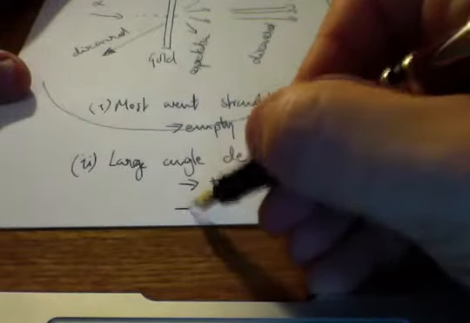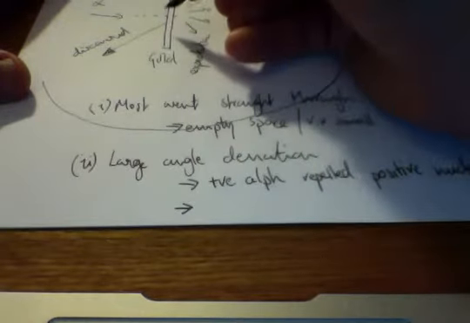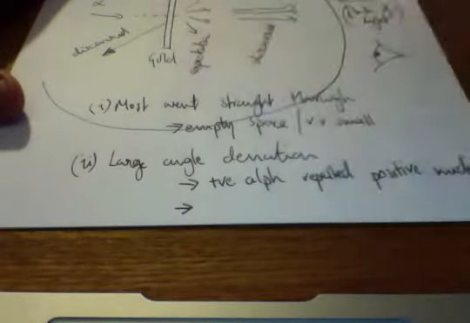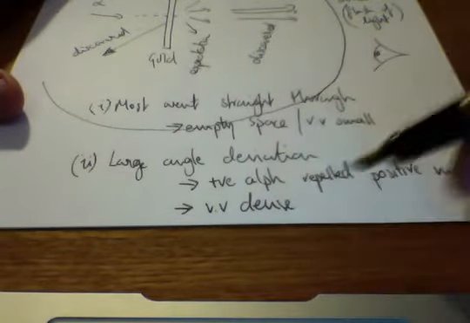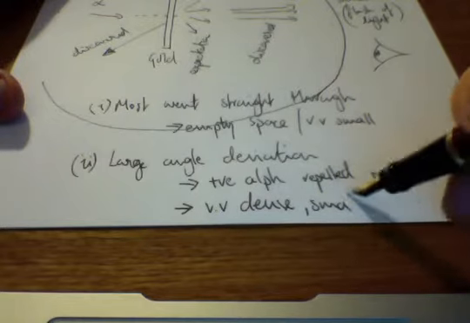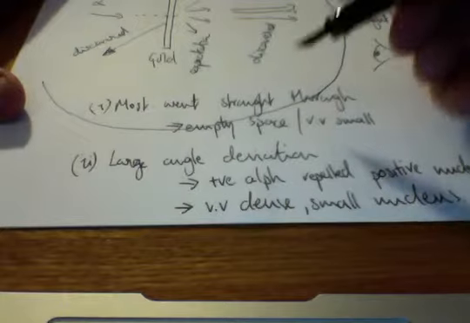And the second thing was that in order for this bounce, in order for this repulsion to have occurred, you must have a very, very dense, small nucleus, because it didn't happen very often. So those are the two important points.